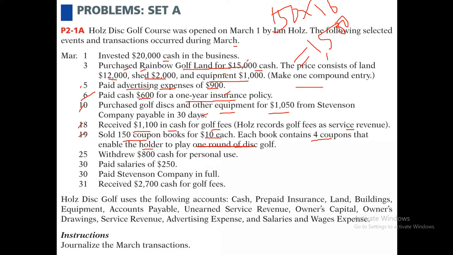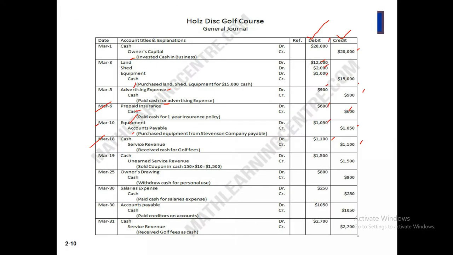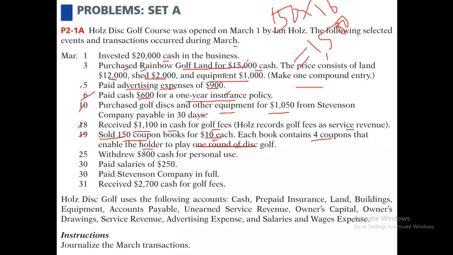So here it will be unearned revenue. We are getting cash, so cash will be debit this figure, and unearned service revenue will be credit. When they use the coupons, at that time it will be actual service revenue.